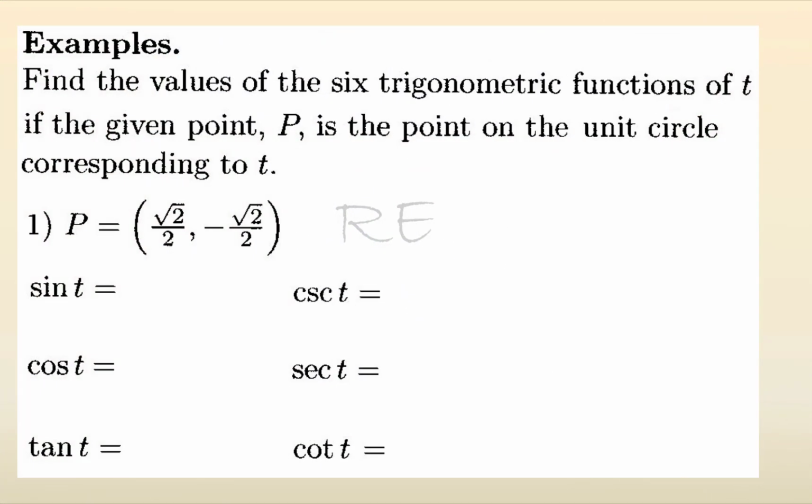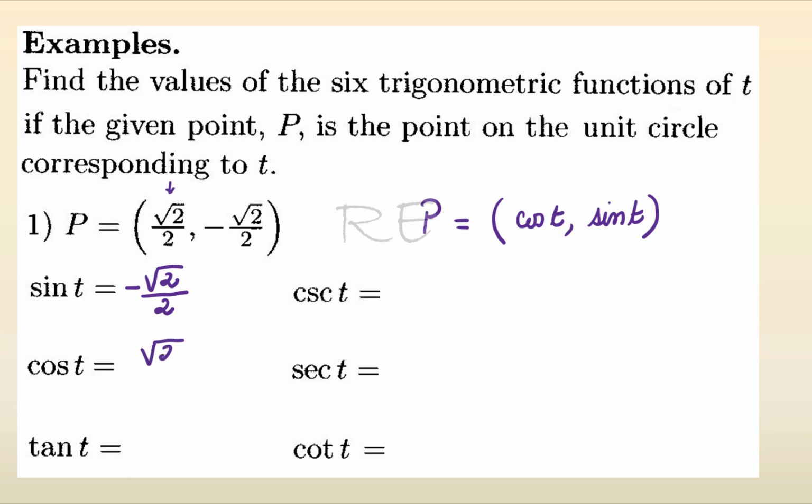Given a point P, square root of 2 over 2, negative square root of 2 over 2, corresponding to t, we need to find the 6 trigonometric functions of t. Now, P is in the unit circle, therefore P is of the form cosine t, sine t, and sine t is y, so sine t is negative square root of 2 over 2.